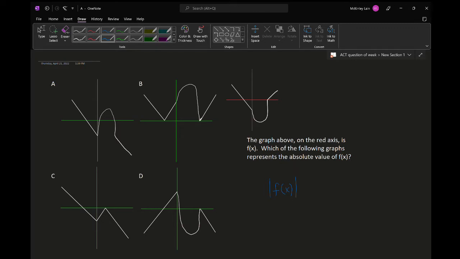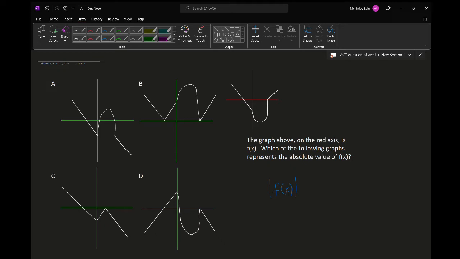Now, what absolute value means, practically speaking, is essentially that every y value, if it's positive, stays positive, and if it's negative, it becomes positive, okay?